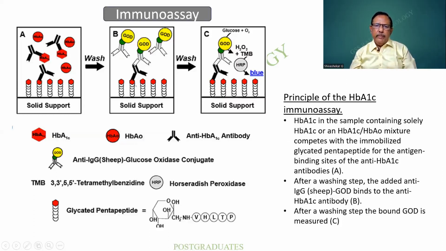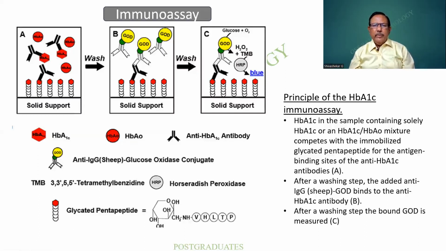So this is what is happening here. It is a sandwich technique, and GOD is here. GOD means glucose oxidase. It gets attached, and there will be a substrate, HRP or horseradish peroxidase, which produces a blue color for the measurement of it. So this is one of the methods by which it is done.